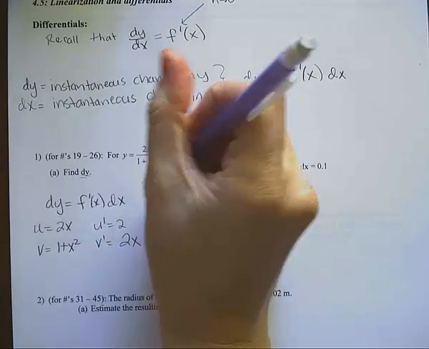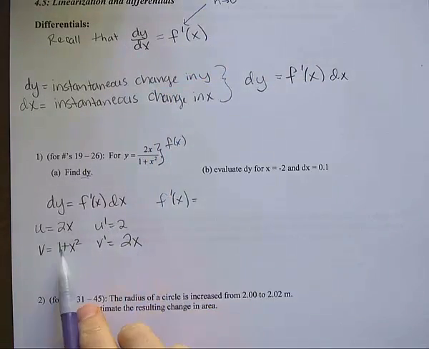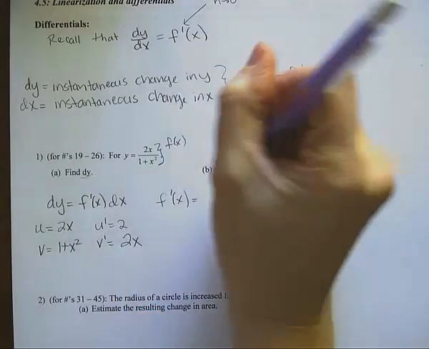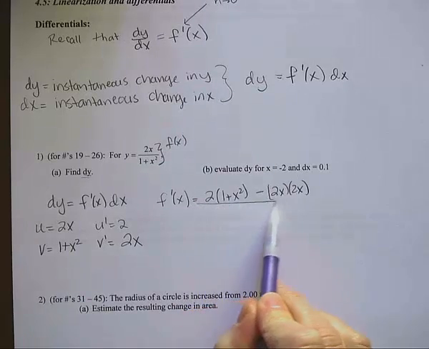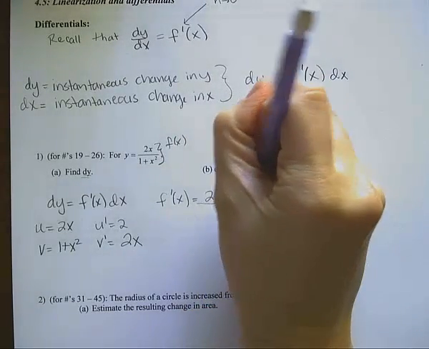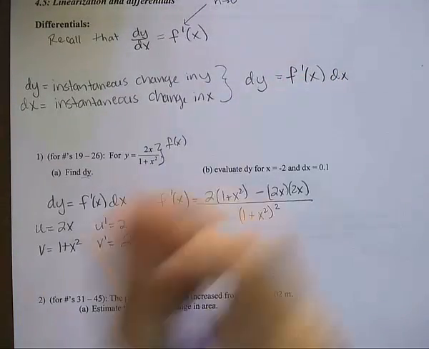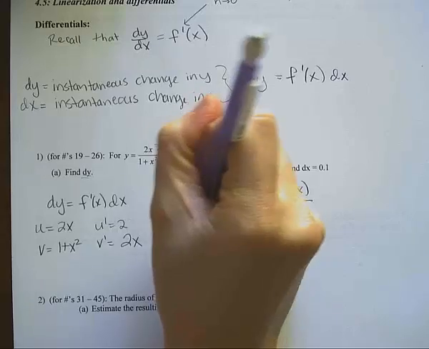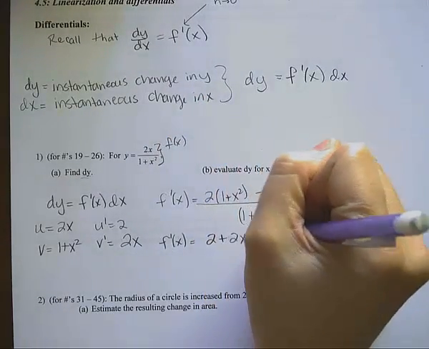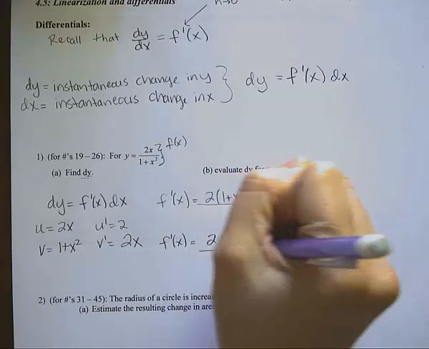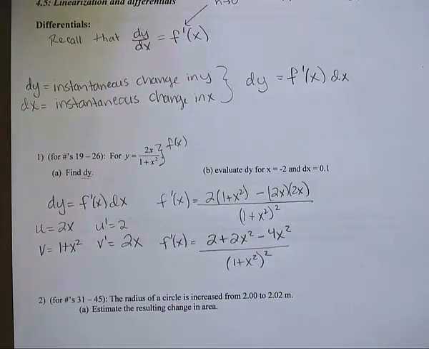So then my f prime of x would be u prime v minus v prime u, all over v squared. And then simplifying, we get 2 plus 2x squared minus 4x squared all over the quantity 1 plus x squared, squared.